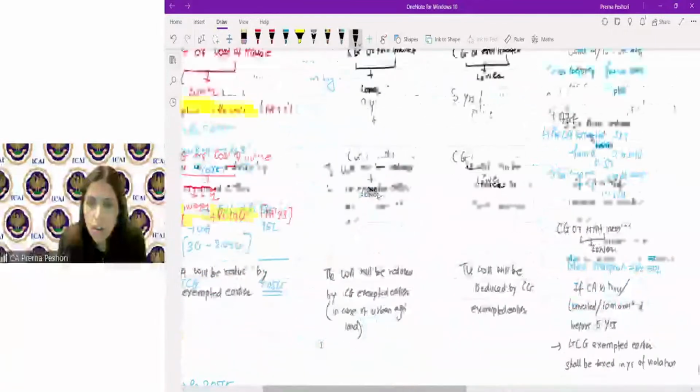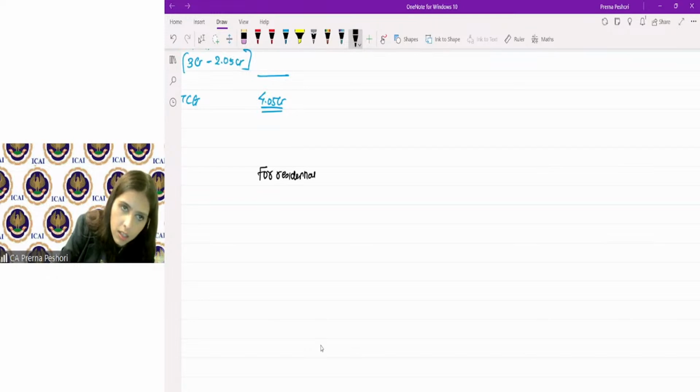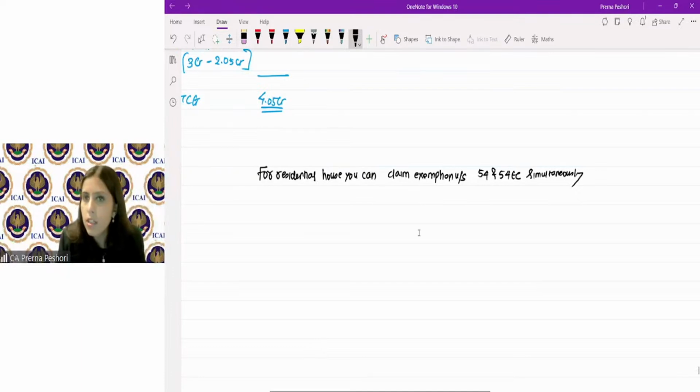So, you can write it over here for residential house, you can claim exemption under section 54 and 54EC seamlessly. Okay.